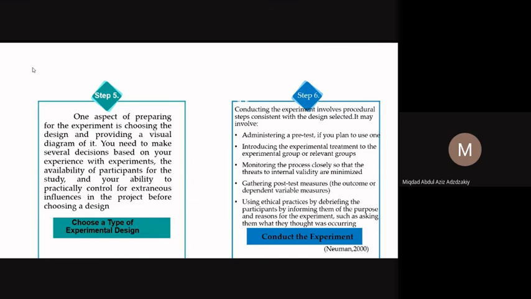The fourth, gathering post-test measures, the outcome or dependent variable measures. And the last is using ethical practices by debriefing the participants, informing them of the purpose and reason for the experiment, such as asking them what they thought was occurring. It's from Newman 2000.